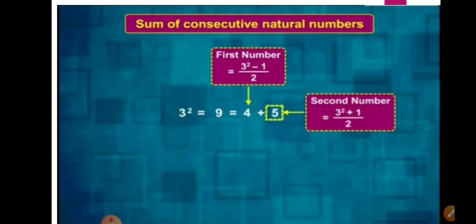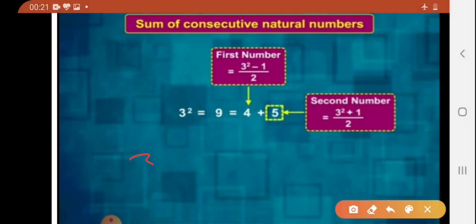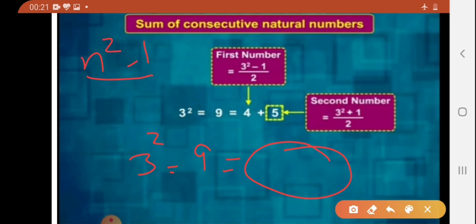Now how have you got this? You have to find out 3 ka square, that is 9, and find out it is a sum of which natural numbers. So how can you find? There is one formula: (n square minus 1) upon 2 is the first number, and (n square plus 1) upon 2 is the second.